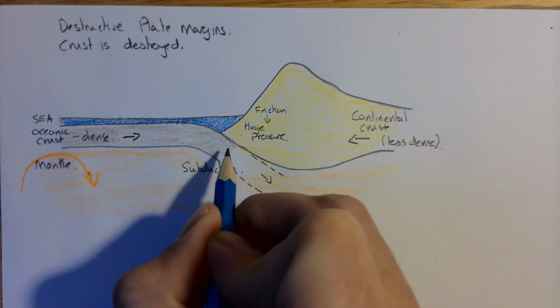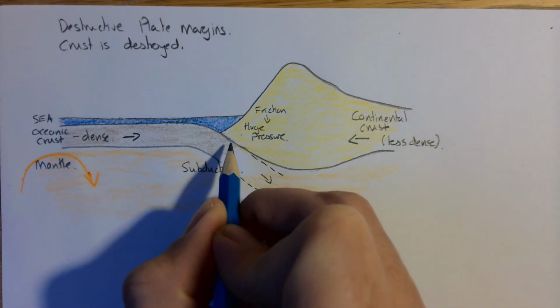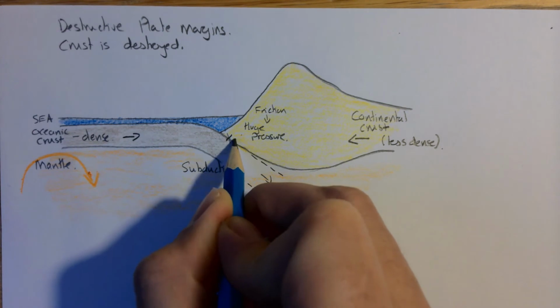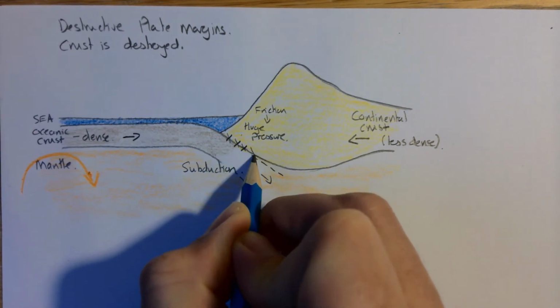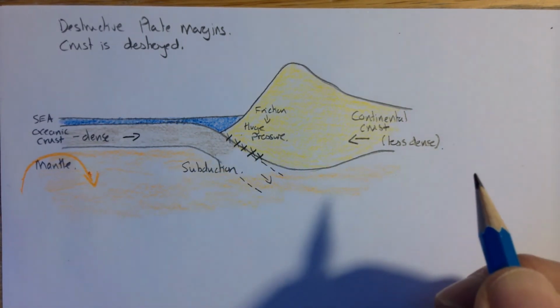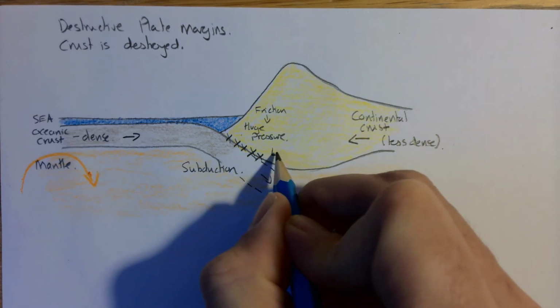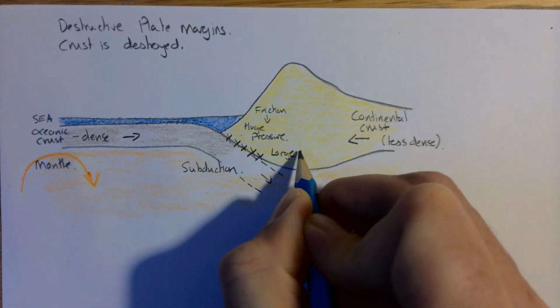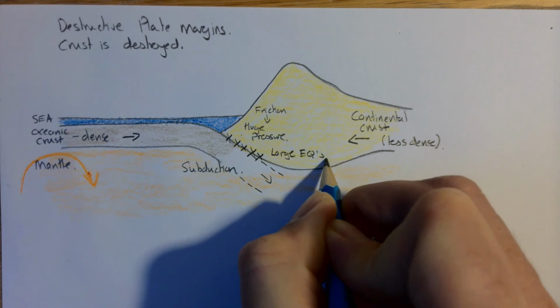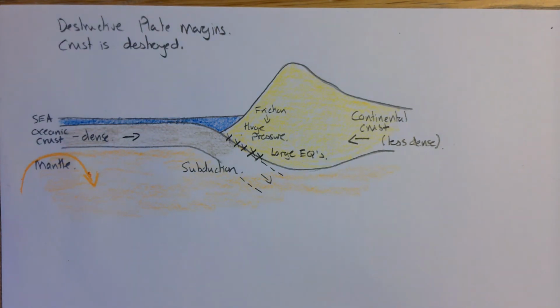And eventually that pressure will be released suddenly to form large earthquakes. So we get large earthquakes as a result. That is one type of tectonic activity that we get at destructive plate margins. Earthquakes with high magnitudes.